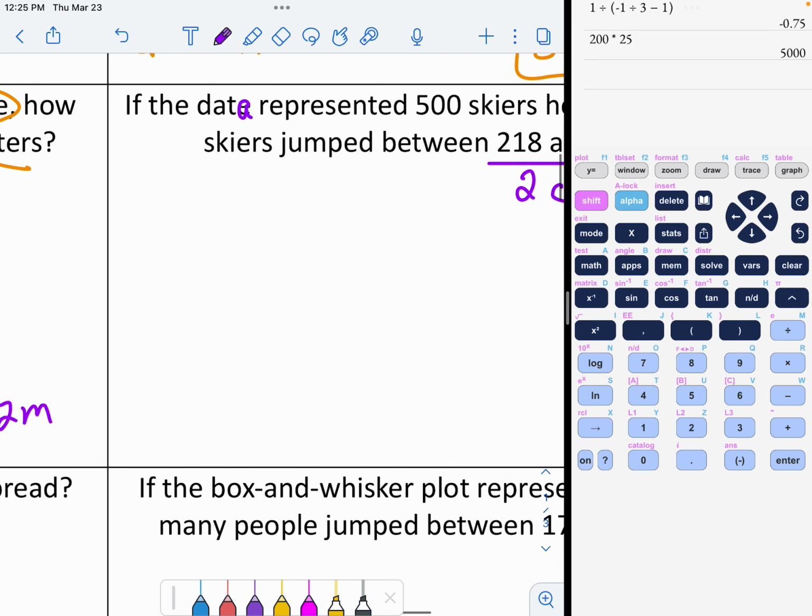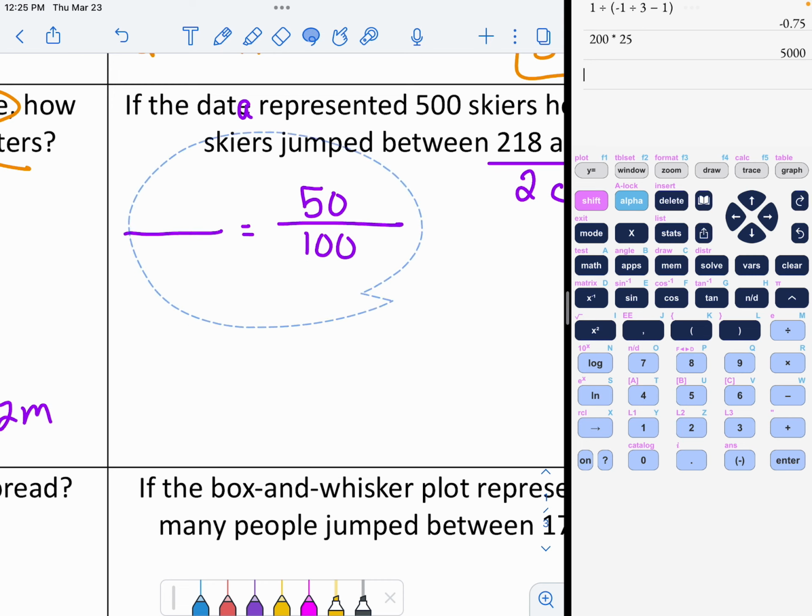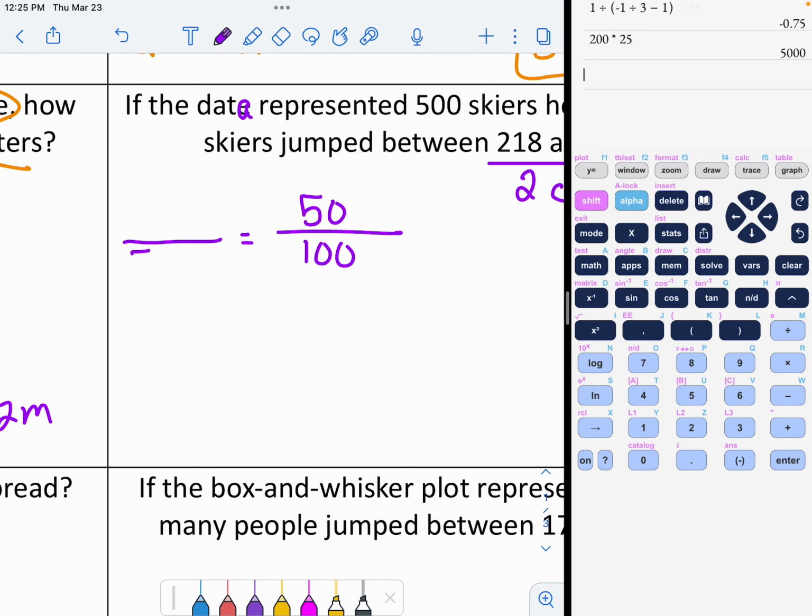So then I'm going to go back to stuff you learned in chapter 2. We're going to do 50 over 100. I'm going to move that up so I have more room. And we have a total. This time we're going to pretend that it represented 500 skiers. So how many people fit in that category?